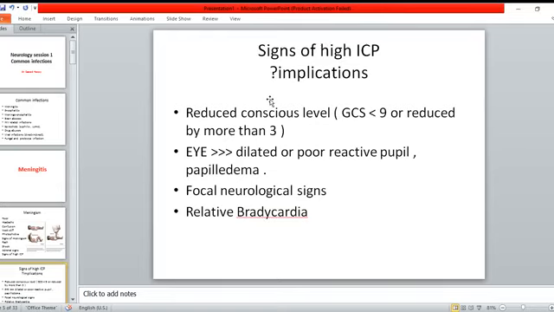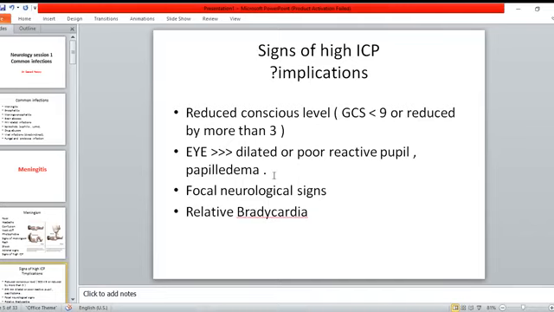If you have any of these, you need at least to do a CT brain before doing any lumbar puncture. Going directly for lumbar puncture in these patients may be unwise. So if you have been provided in the scenario with any evidence of reduction in the conscious level, and you are asked what is the first initial investigation for this patient, of course you have to go for CT brain.